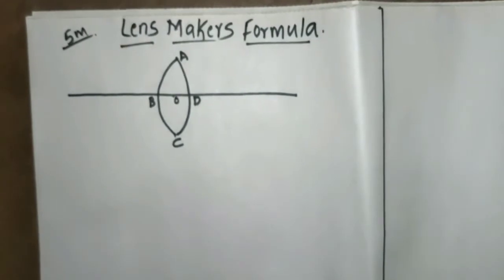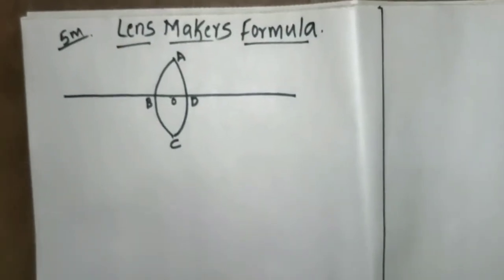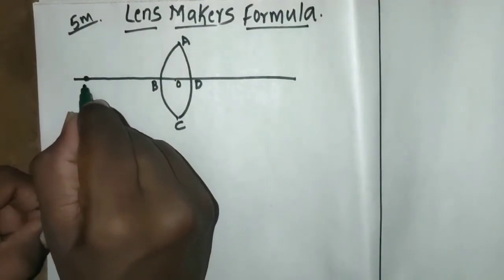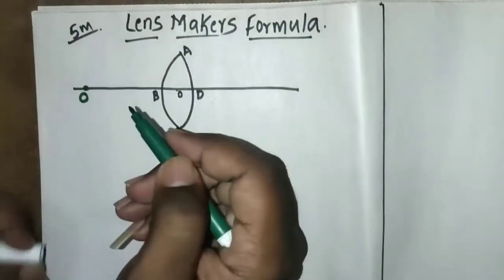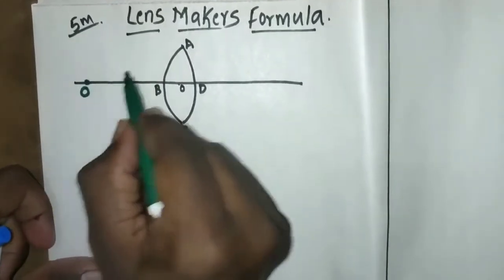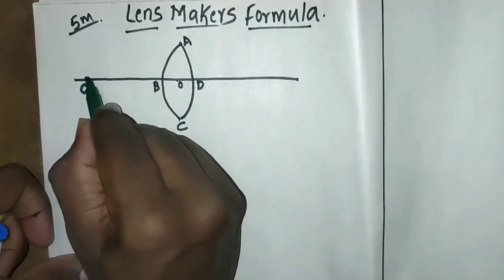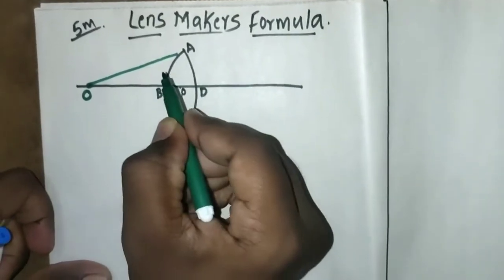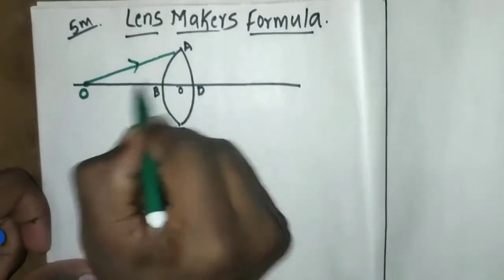Now I will place one object at a point O. This is the object position. From this point the incident ray will fall on the convex lens, and this is the direction of the incident ray.